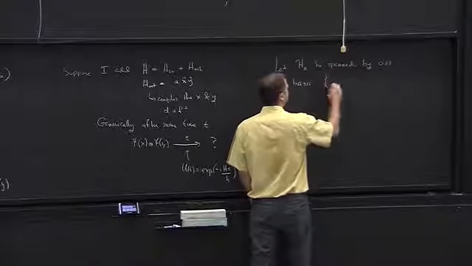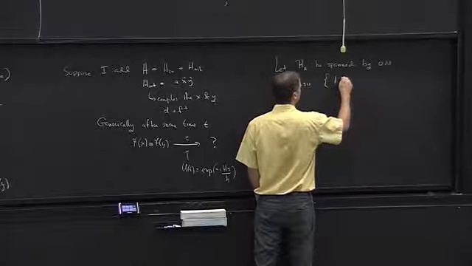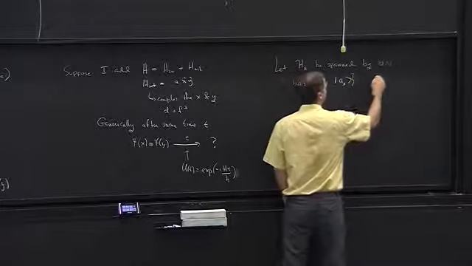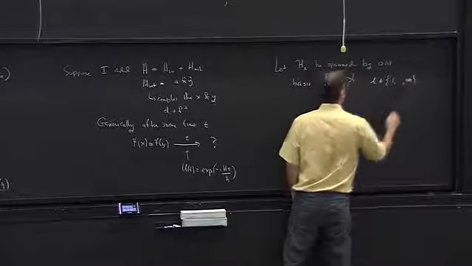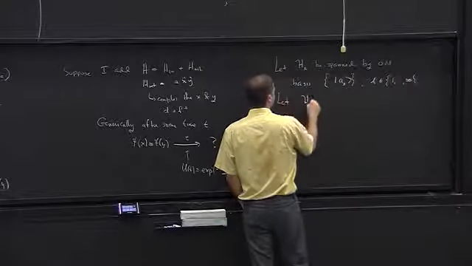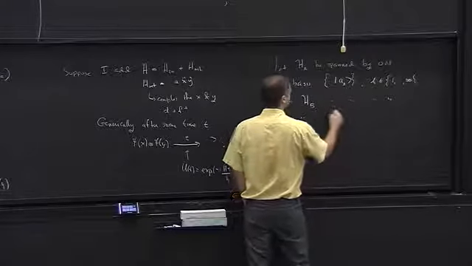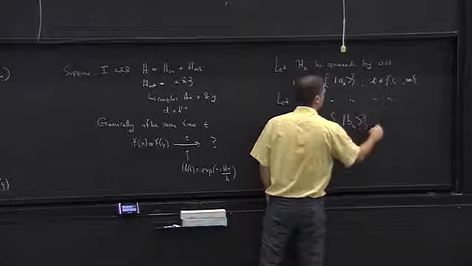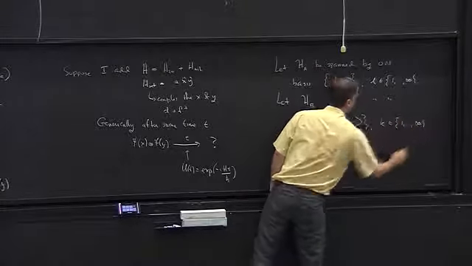So I'll just write it abstractly and call them A_l, where l goes from 1 to infinity. And similarly, let H_B be spanned by an orthonormal basis B_k, with k going from 1 to infinity.